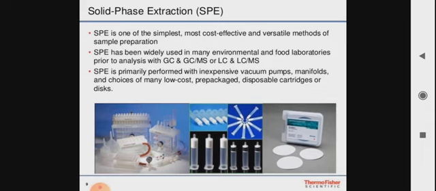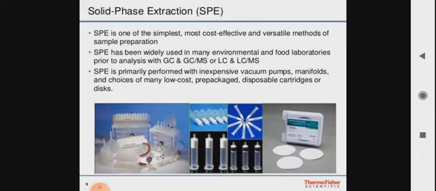Then the last method of extraction is solid phase extraction. Solid phase extraction is one of the simplest, most effective and versatile methods of sample preparation. Solid phase extraction has been widely used in many environmental and food laboratories prior to analysis with GC, GC-MS or LC-MS, gas chromatography and mass spectroscopy, and liquid chromatography and mass spectroscopy.